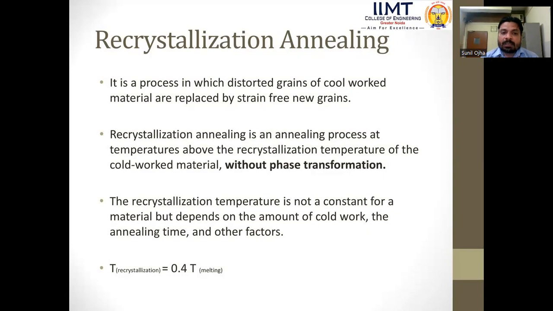The recrystallization temperature is not constant for a material, but depends upon the amount of cold work, the annealing time, and other factors. We calculate it from the melting point temperature. This is the equation: T recrystallization is equal to 0.4 T melting point of the material.